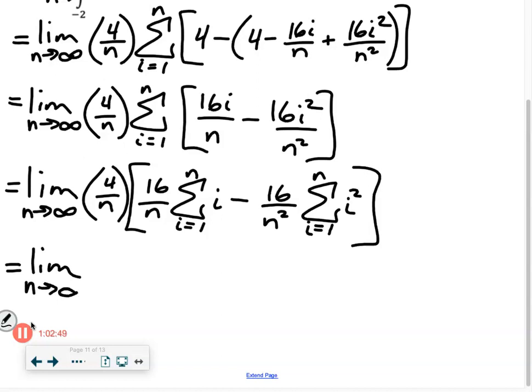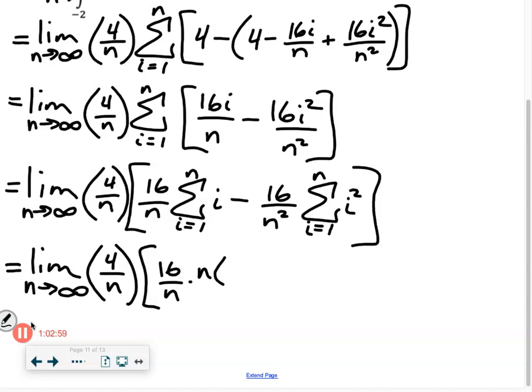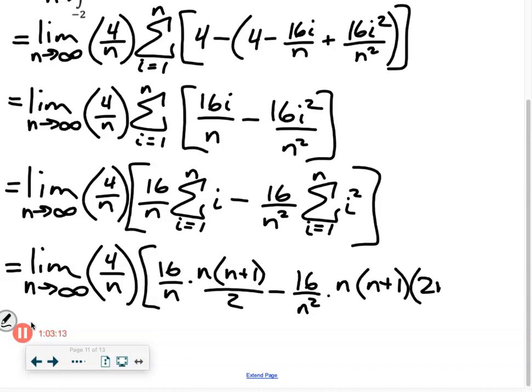All right. So 4 over n times 16 over n, sum of i is n times n plus 1 over 2, minus 16 over n squared times sum of i squared. This one's fun. n times n plus 1 times 2n plus 1 all over 6.